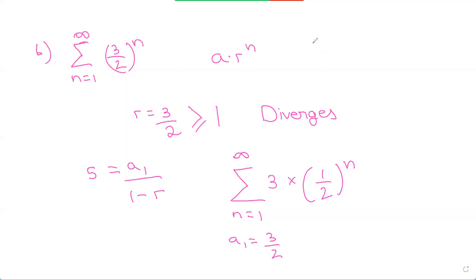So now let's look at another example. We have to consider the geometric series, the sum from n equals 1 to infinity of an, where an is greater than 0 for all n.